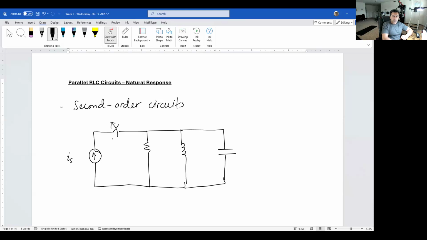And let's assume this switch is going to open up at t equal to 0, which is our reference time, R, L, and C. Voltage across all three components or all four components initially, when the switch is on, they will be the same because they are in parallel. And the voltage we assume as capacitor voltage. Three currents going into each component, one current into each component, three currents total.